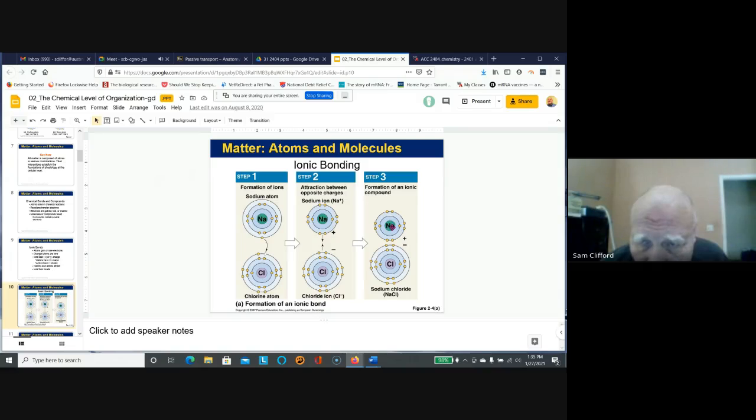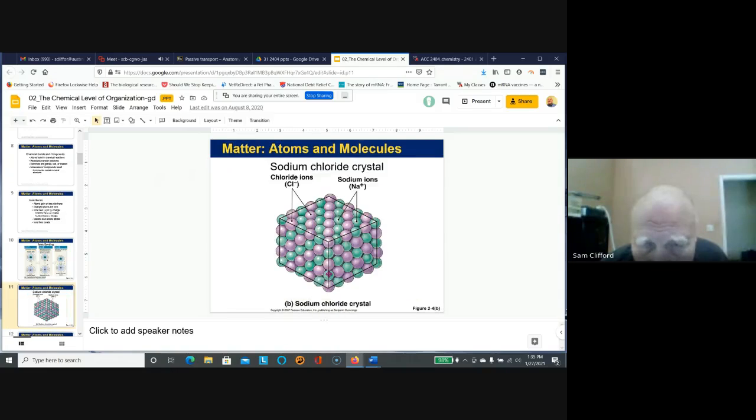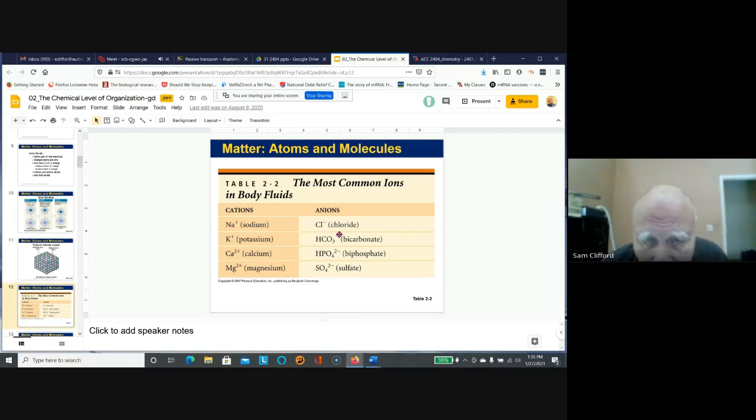So all salts are ionic compounds. They're an attraction between a positive ion and a negative ion. Chlorine is the gas, chloride is the ion. A salt crystal is a regular arrangement of sodium and chloride. Make sure you know these names and these symbols.